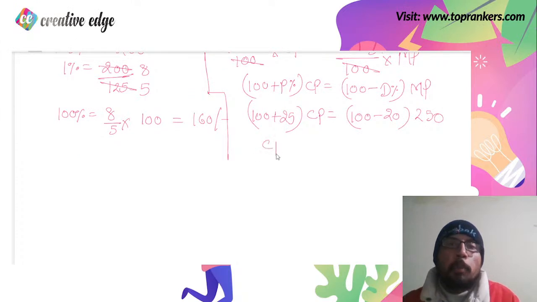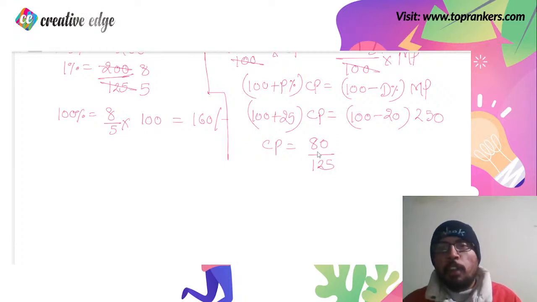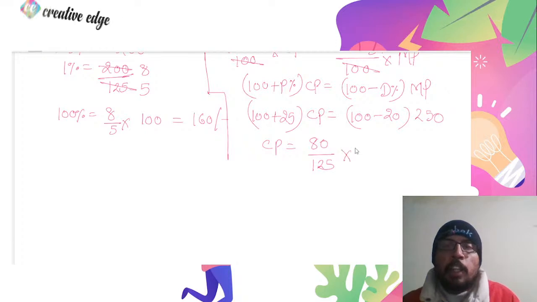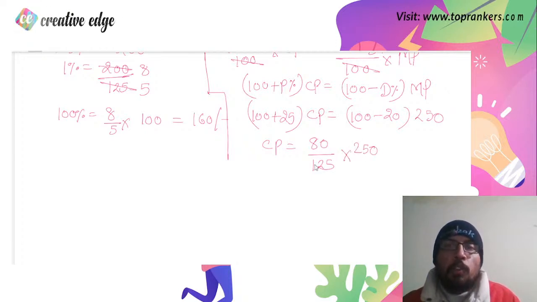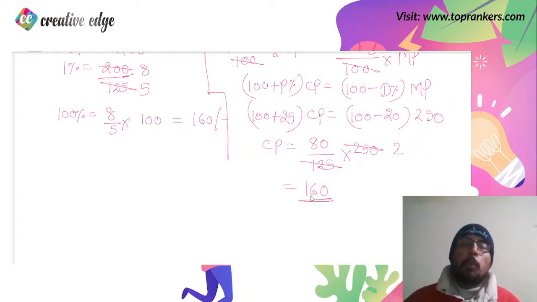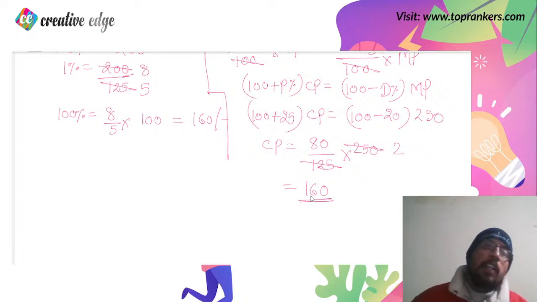You will be getting CP will be equal to 80 upon 125. This 100 plus 25 becomes 125, and this is 80 upon 125, and in RHS you are getting 250. So 125 and 250 cancel 2 times, 80 into 2 should be 160. So this is the second approach you can use to find your cost price.